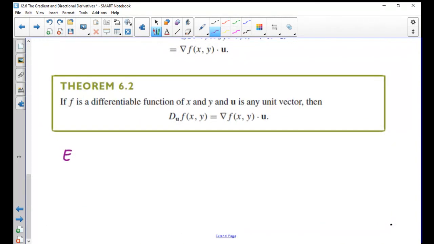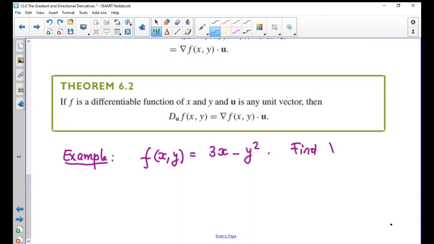Let me just consider an example here. If I say here is a function, let's say 3x minus y squared, and I want to find the gradient of the function at the point (x, y), you need to find the partial derivative df over dx.